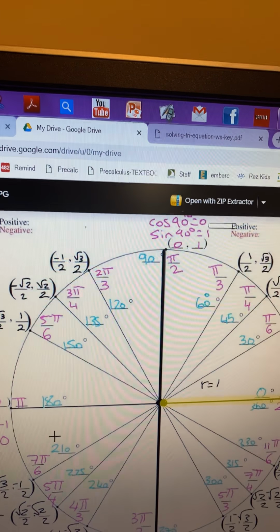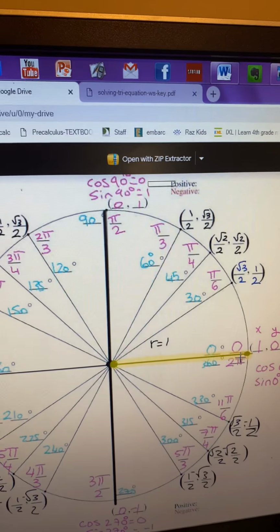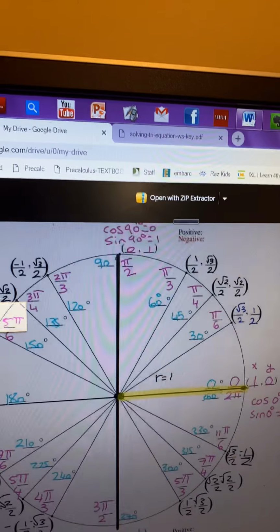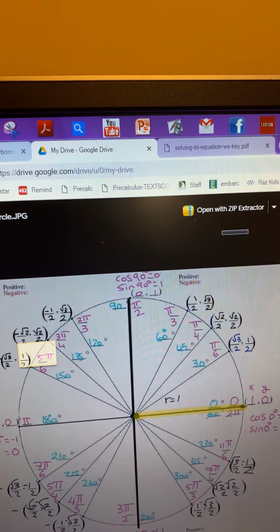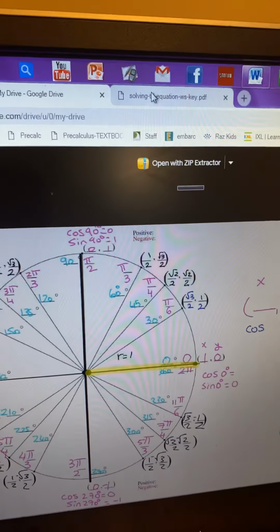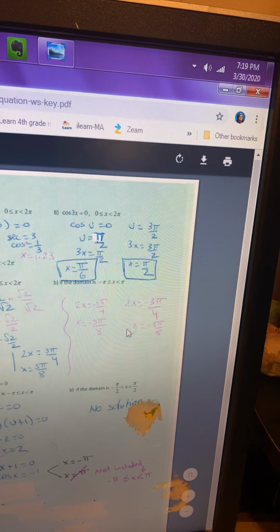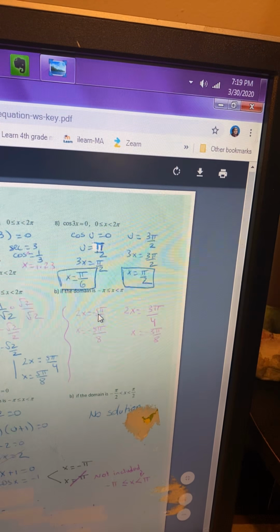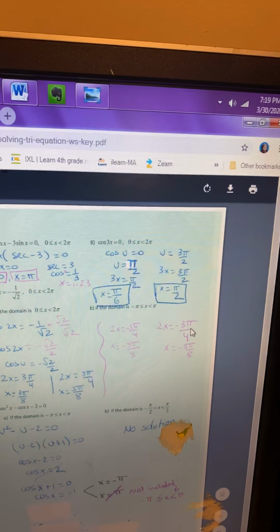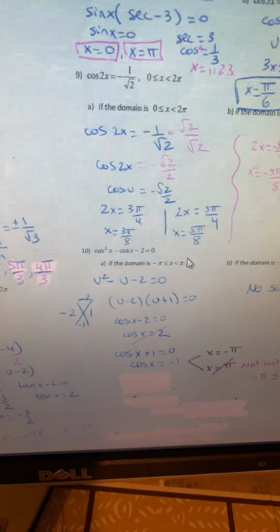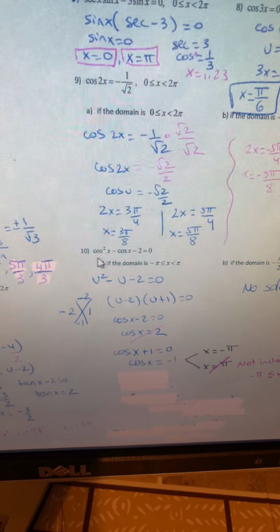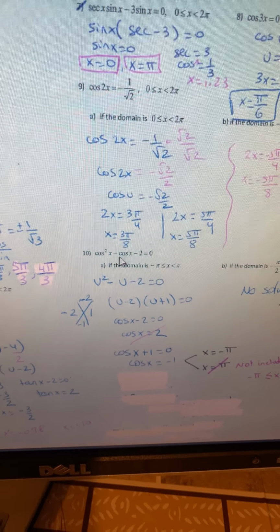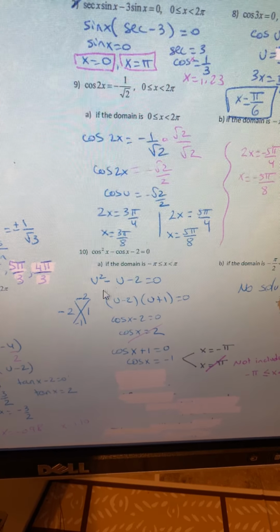And when you say pi, you're going that way. And this is pi, okay? So basically, you're just counting backward or in the negative radian, so you get the same thing, but negative, and divide by 2.